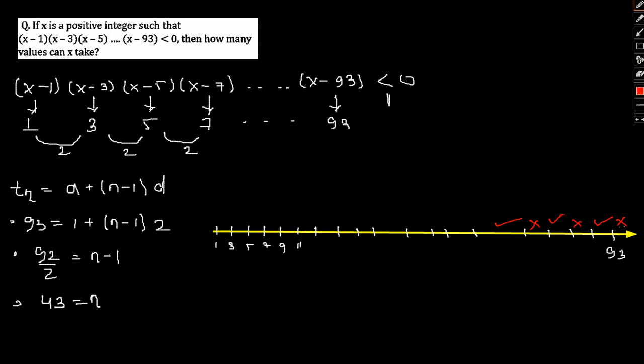Since there are 43 terms, for every cross we'll have a tick. It started with a cross, so it will end with a tick, and then another cross.